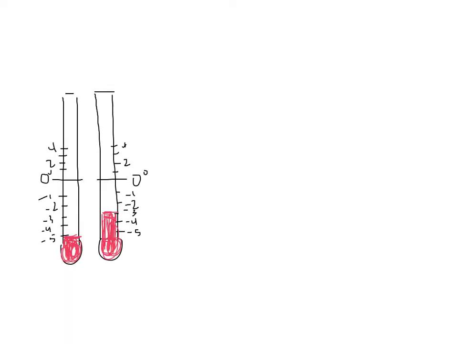So one of the things that this standard is trying to help you understand is numbers in relationship to each other in real-world situations, like temperatures, for example. So if we had two thermometers here, these are thermometers, in case you were wondering what those are. Those are my real fancy drawings of a thermometer.